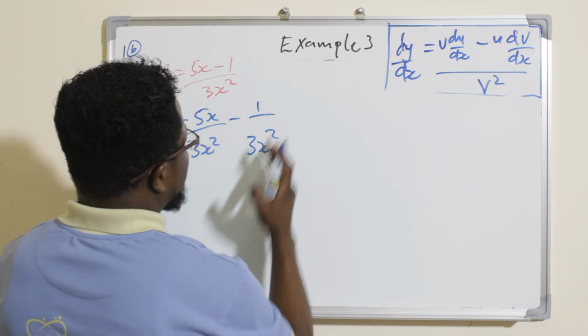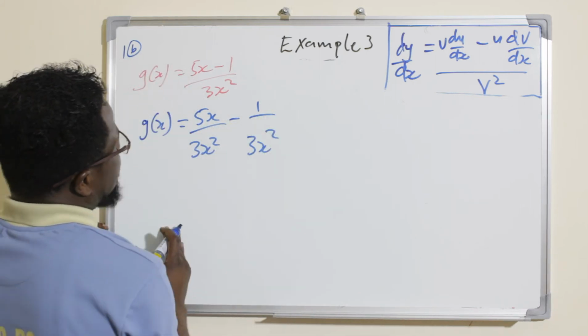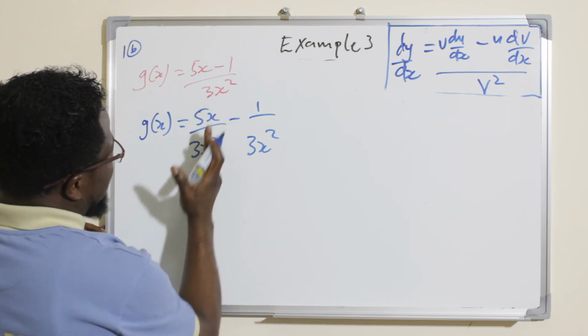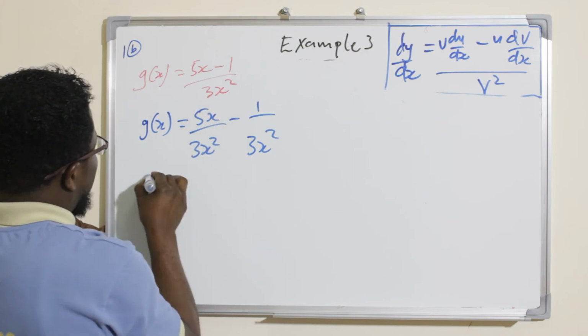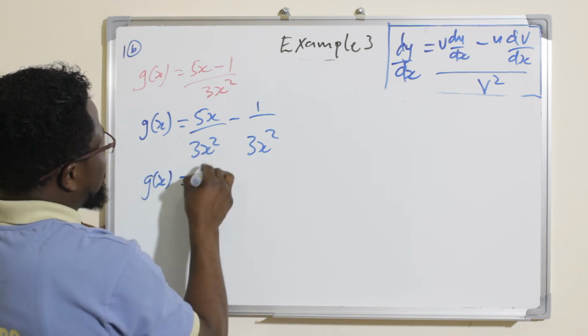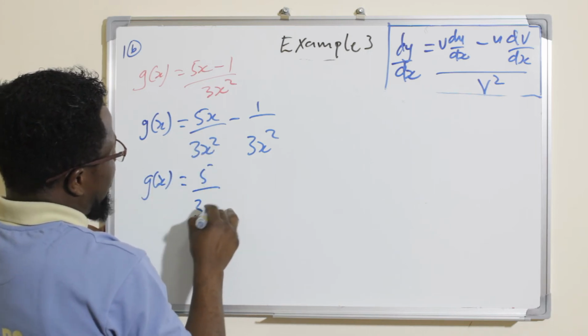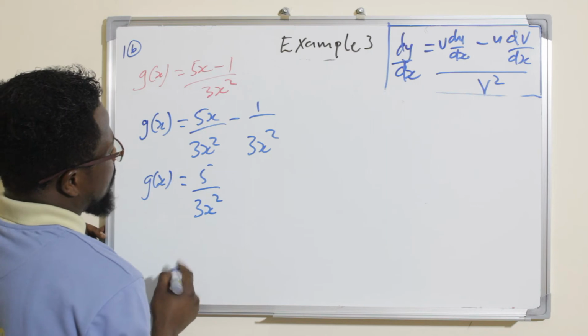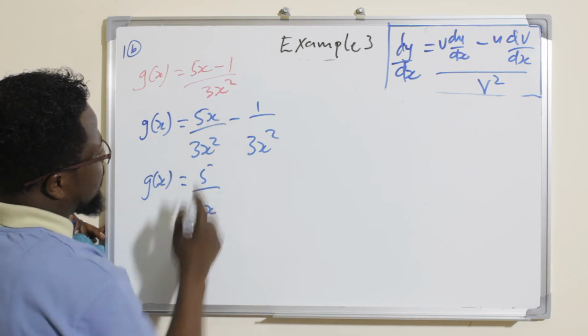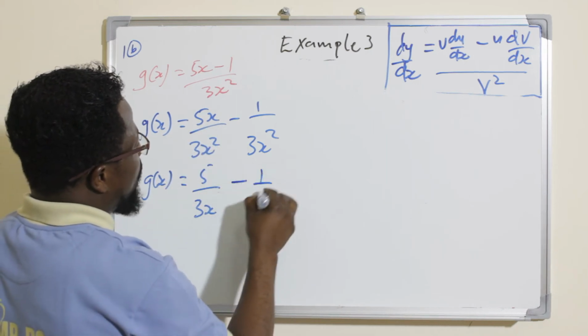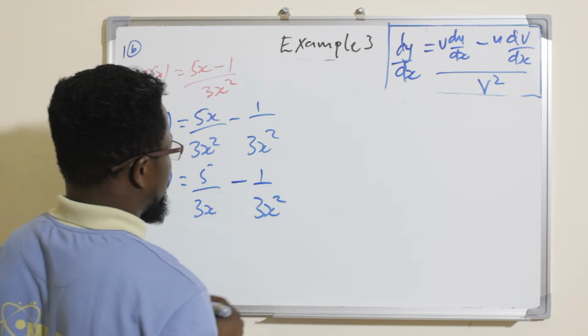And when I have this, I can see that this and this can be cancelled out. So I can write this again as 5 over 3x, because one of the x is cancelled, minus 1 over 3x squared.